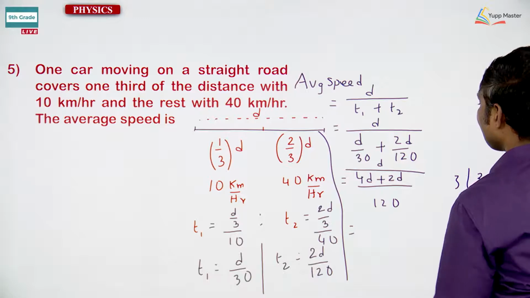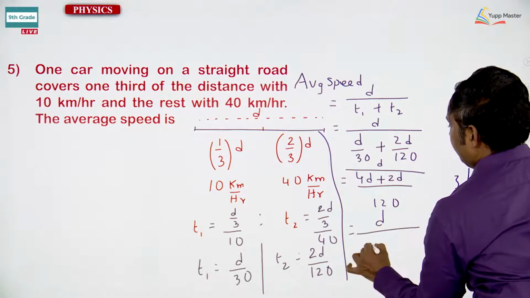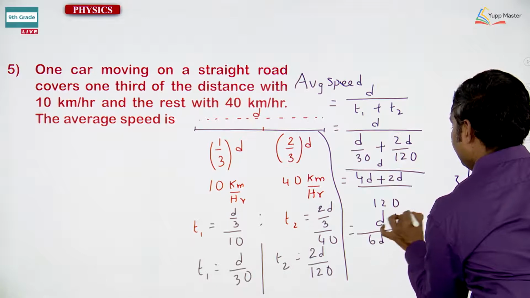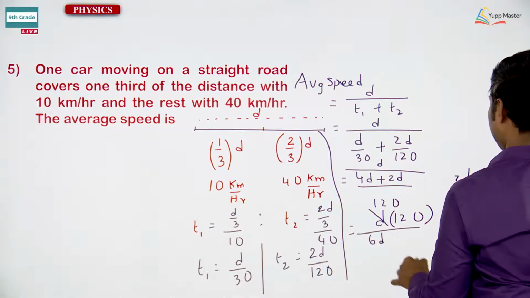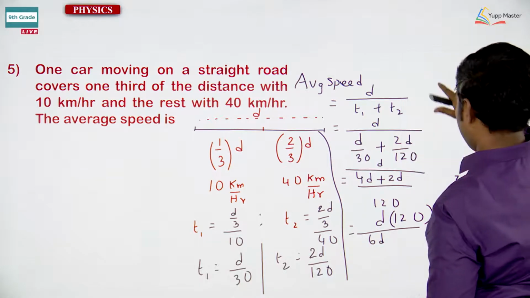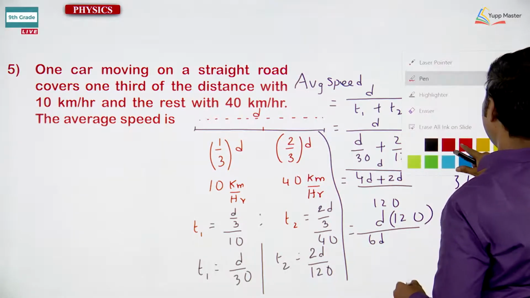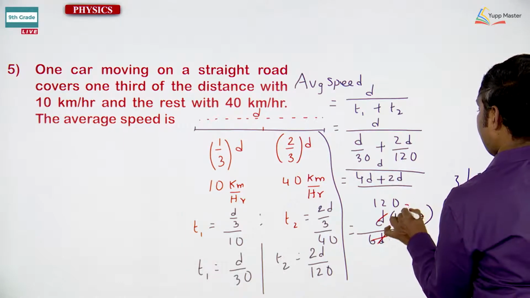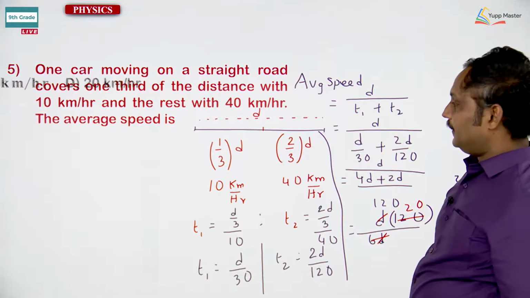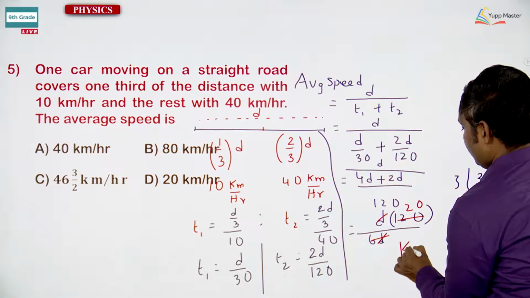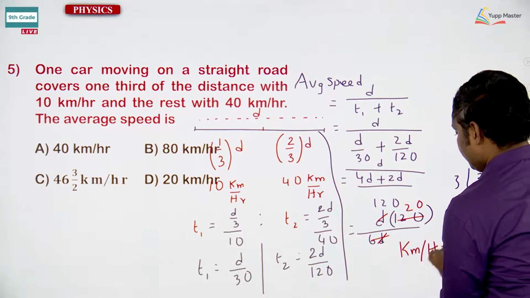So you will find d by 6d by 120. You will cancel the term, and you get 20. Let's see that: 20 kilometer per hour.